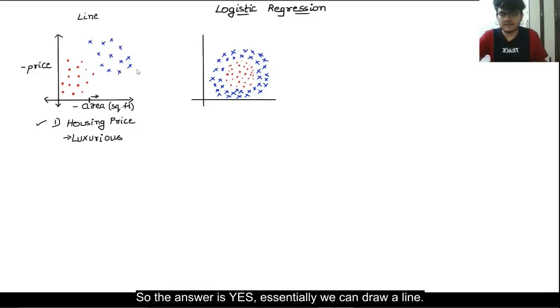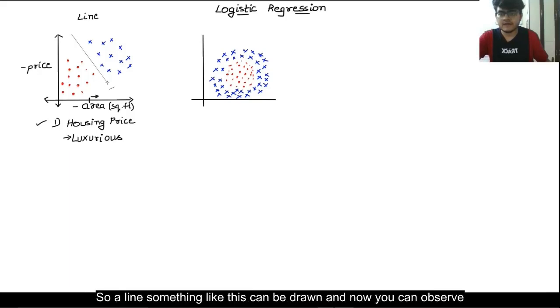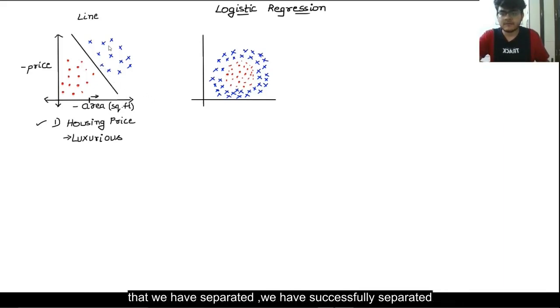The answer is yes. Essentially we can draw a line, something like this, and now you can observe that we have successfully separated both of these classes, the luxurious houses and the non-luxurious houses. This line is helping us do the classification.